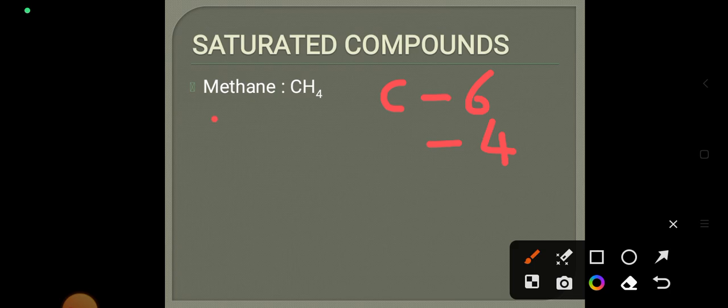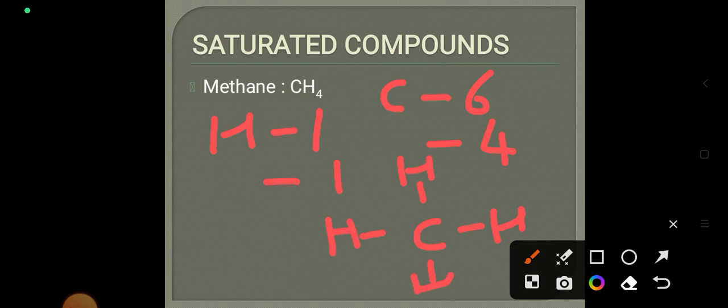Hydrogen's atomic number is 1, and its valency is 1. So if I take carbon as the central atom, around carbon there can be 4 bonds, and these 4 bonds would be hydrogen. This is how we write the structural formula for methane.